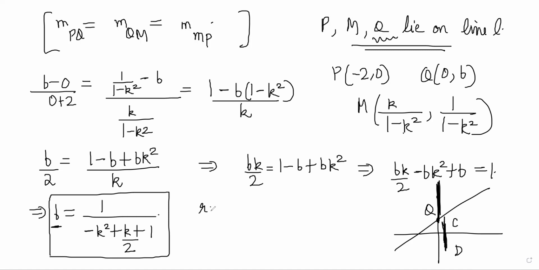So I will find the range of b. Range of b tells us what are the possible y-intercepts of line L, right? So that is pretty easy. But first, in order to find the range of b, we need to figure out the range of k, right? So we'll do it on the next screen now. We have b is equal to 1/(1 + k/2 - k²).